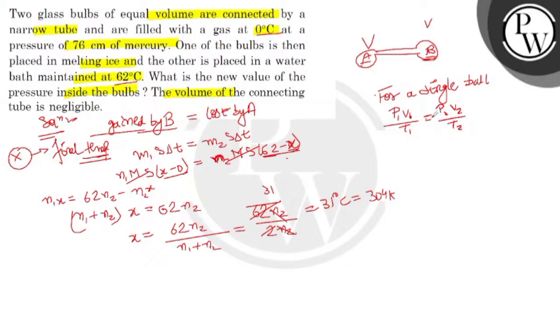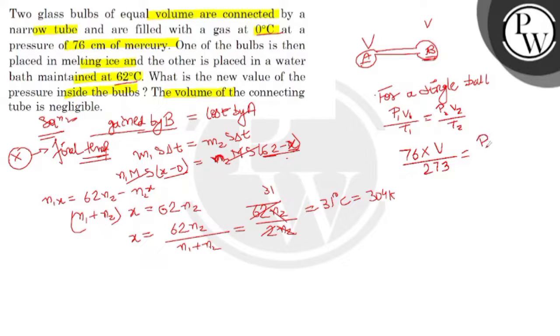The volumes V1 and V2 are the same. P1 is 76 centimeter of mercury, the volume is V, and the temperature is firstly 0 degrees Celsius, so it is 273 Kelvin.